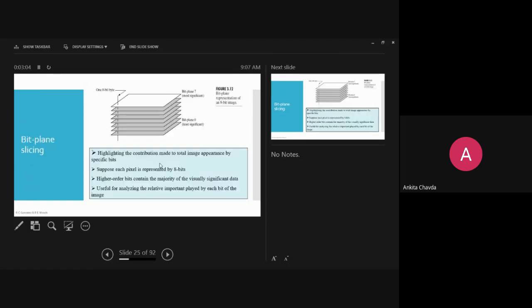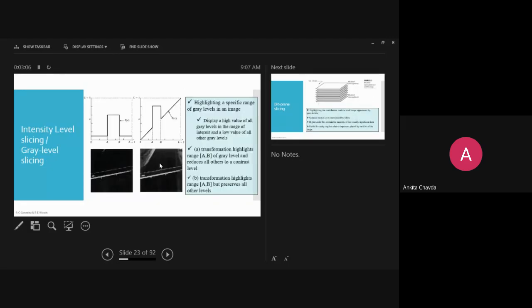So that example will be here. The first transformation highlights the range A to B of gray levels and reduces all the others to a constant level. In the very first example, you have not changed the other part. It is just a line. You haven't changed anything from this to this intensity, nor from B to L minus 1, but you have highlighted where you are interested.